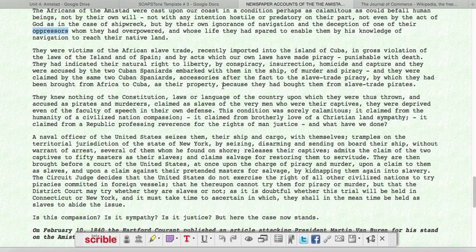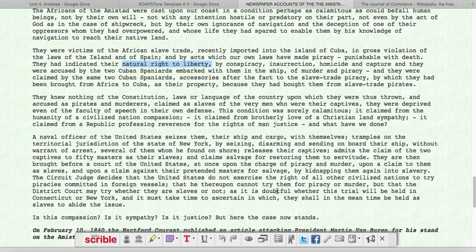All right, pause. What in the world did Quincy Adams just say here? Well, he's saying 2 things, right? So he's saying that the Africans, they were the victims of the slave trade. And they used conspiracy, insurrection, homicide, and capture to gain their natural right of liberty, all right?